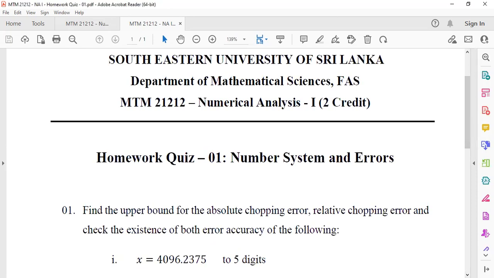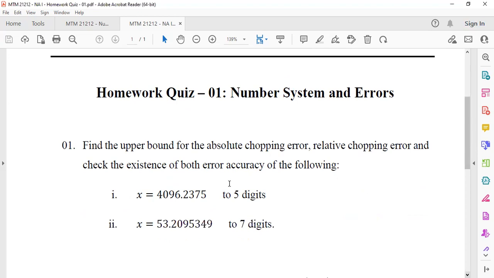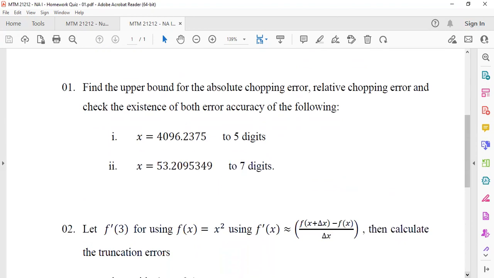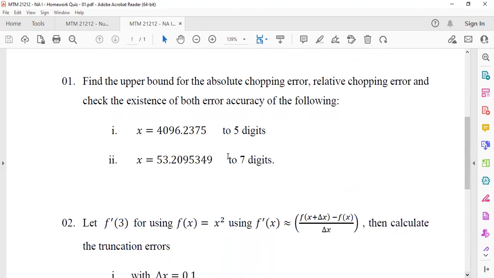So these are the quizzes. Don't worry about it, not that big. Wherever it comes under the heading, I have put the red mark. I think you have marked it in your notebook as well. This is under the question of finding the upper bound, absolute chopping, and that question.